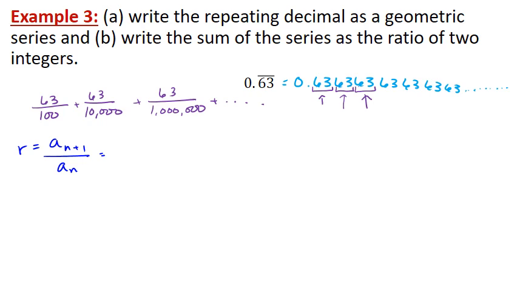So that would be this, divided by the first term. If I divide this by the first term, that's the same thing as multiplying by the reciprocal. Some things cancel, these 63s and then 2 zeros. So I'm left with 1 over 100. So this tells me my common ratio. This tells me my base.